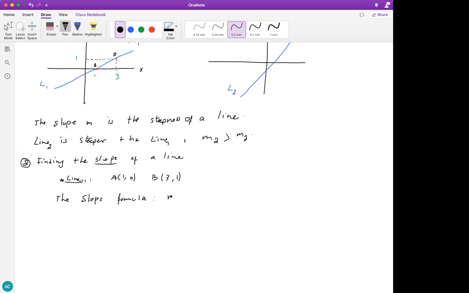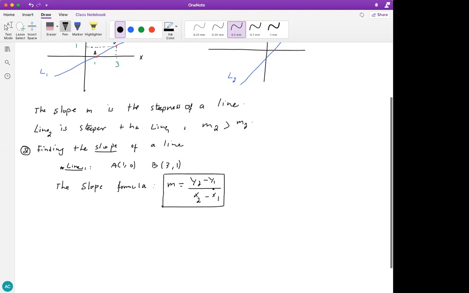M is what we call rise over run. So y2 minus y1 over x2 minus x1. So remember this formula. We're going to be using it often with these lines.